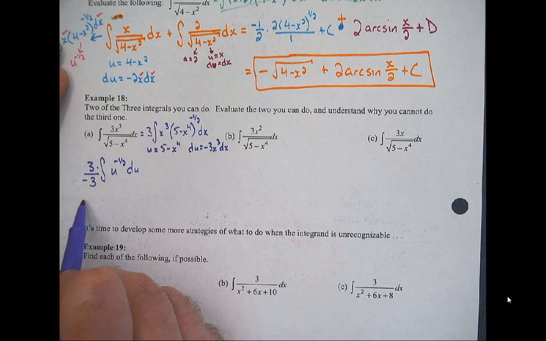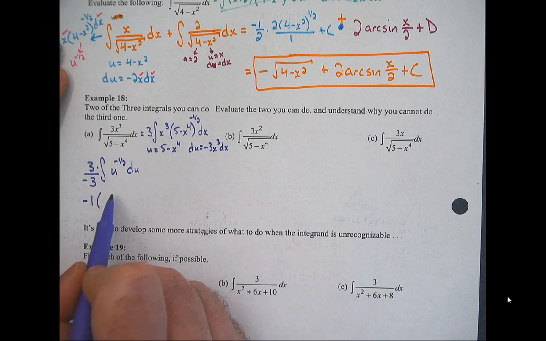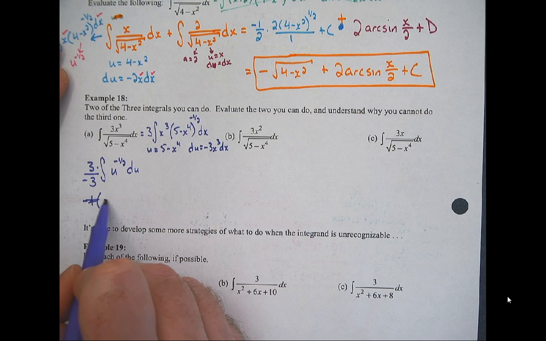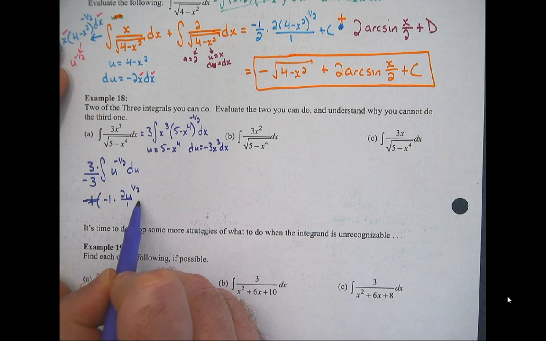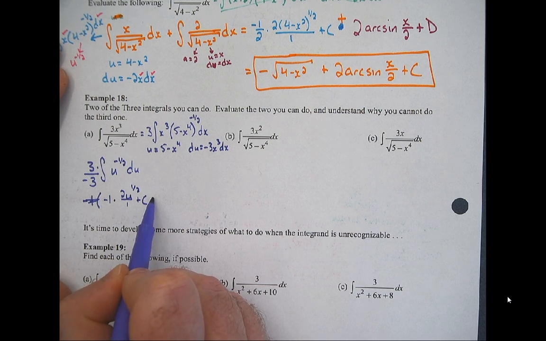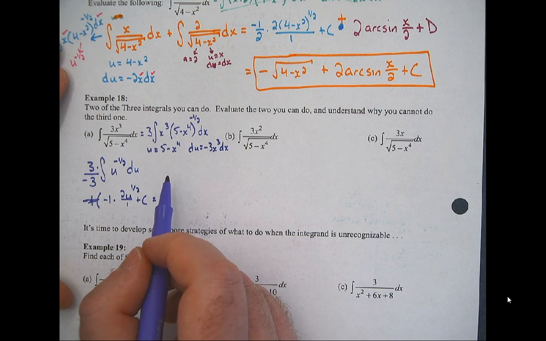So this ends up being negative 1 times u to the add 1 would be 1/2, divide by, plus c, which then would equal negative, wait a minute.